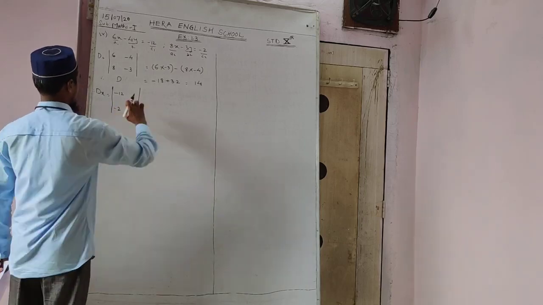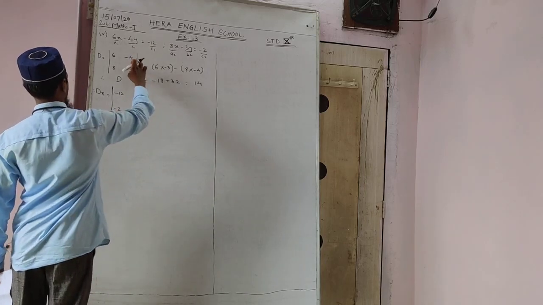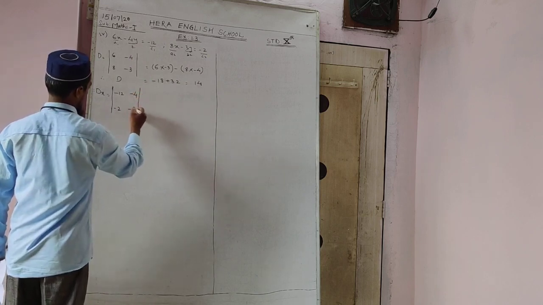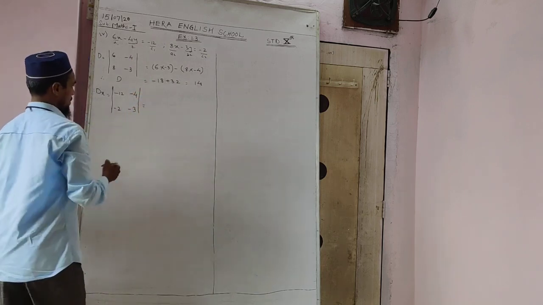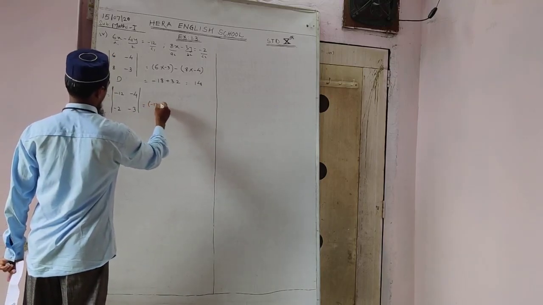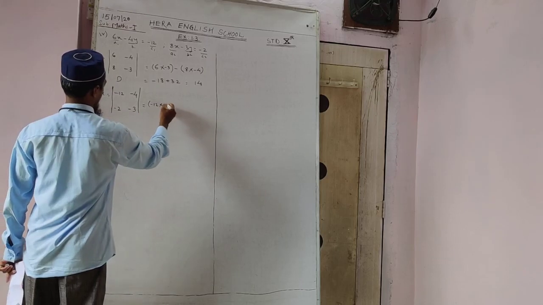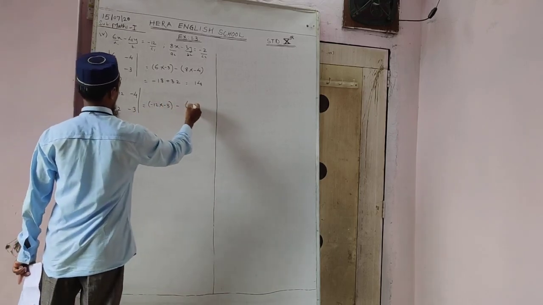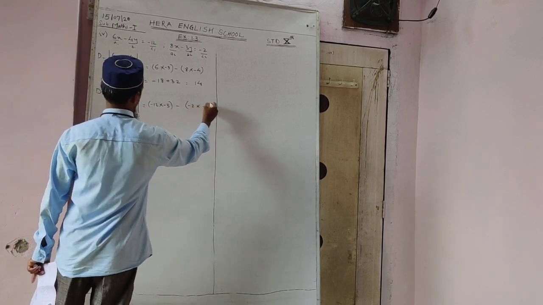Keep y as it is, meaning b1 and b2, minus 4 and minus 3. By cross multiplication: minus 12 into minus 3 minus minus 2 into minus 4.